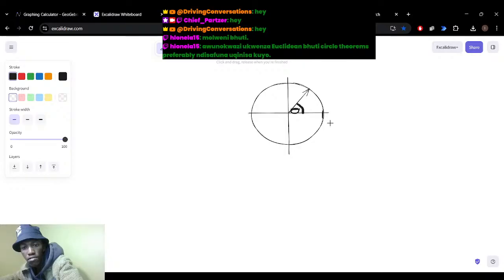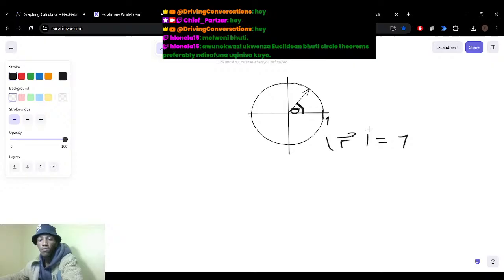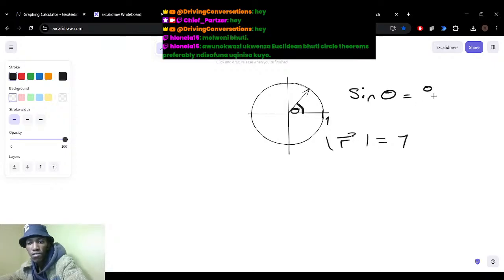This is of unit 1, radius of unit 1, so the length of the vector is 1. We know that sine theta is opposite over hypotenuse, and cos theta is adjacent over hypotenuse.